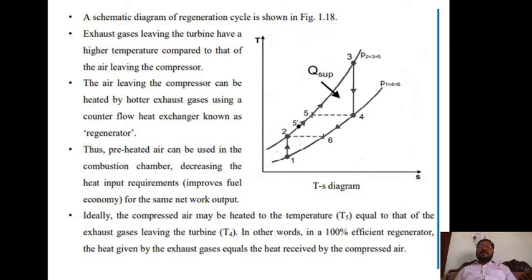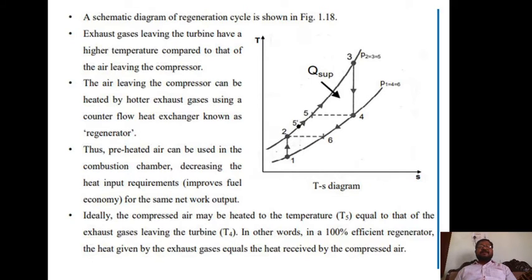2 to 3 is the heat addition process, and I am concentrating on this. Instead of supplying the heat from 2, if you supply from 5, the heat supply is reduced, because thermal efficiency is equal to work done divided by heat supply.